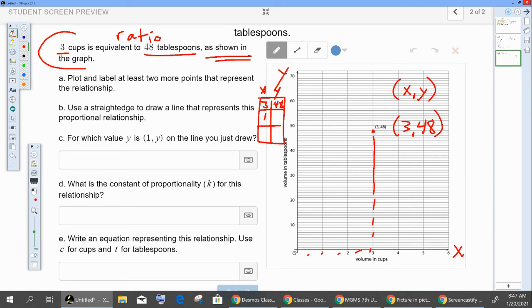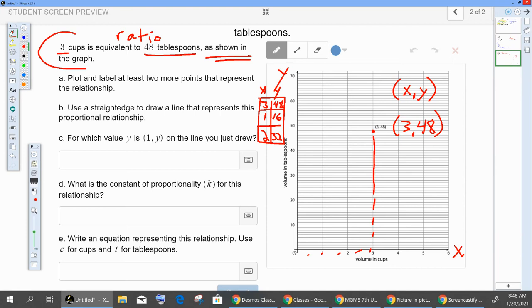How many tablespoons is 1 cup? And I know it's 16, because 3 divided by 1 is 3, and 48 divided by 16 is 3. And then I could also figure out 2 cups, because then I can double it. 2 cups would be 32 tablespoons. So these are points that I can put on my graph.